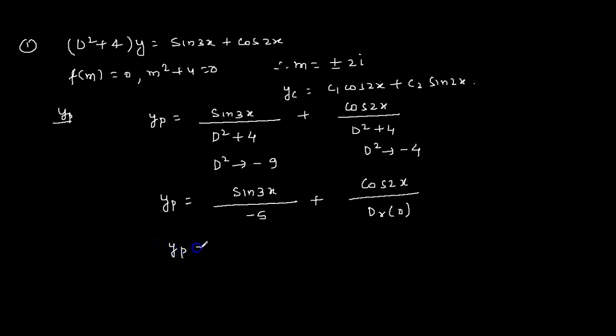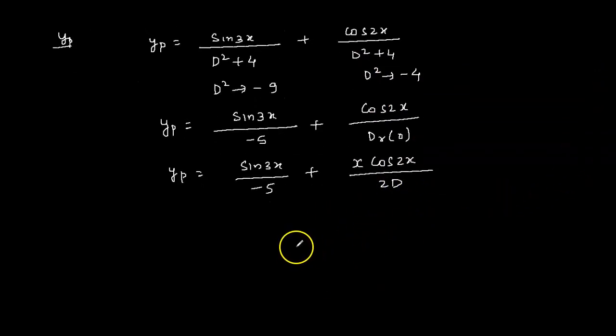If you get 0, then you also have to treat it like the previous type. Sin 3x by minus 5 is fine. You have to multiply by x and differentiate the denominator. So D square differentiation is 2D. Any doubt till here?